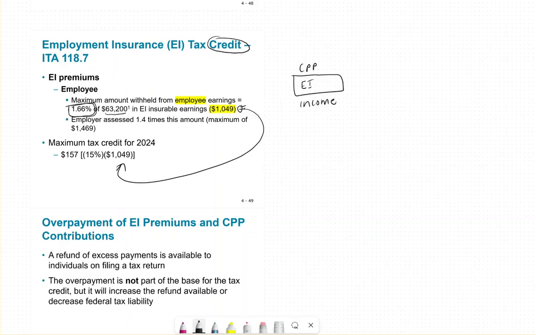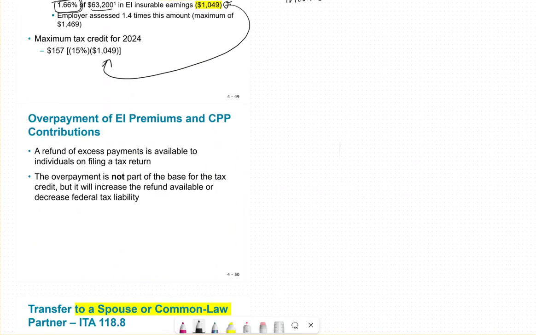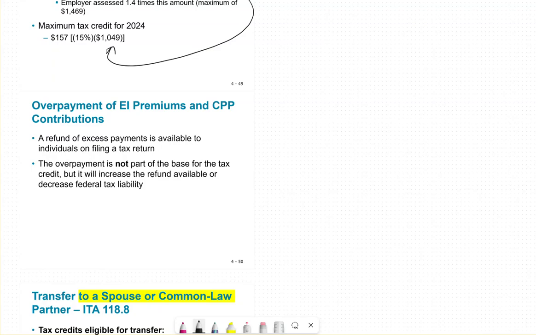Now we know that this EI is deducted from your pay. If you're working for a company, you multiply this by 1.4, and that will be the employer's deduction, and the employer will reduce their taxable income, because that's what they're going to do. If you have more than one employer, you work for company A, company B, and company C, every company is going to deduct the EI from your pay, but at the end you are going to have an overpayment of EI and CPP.